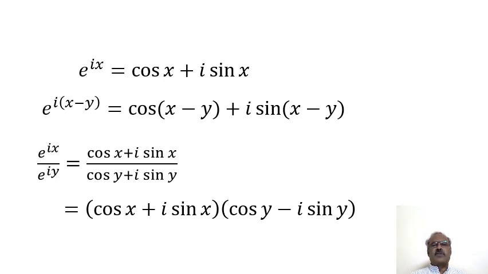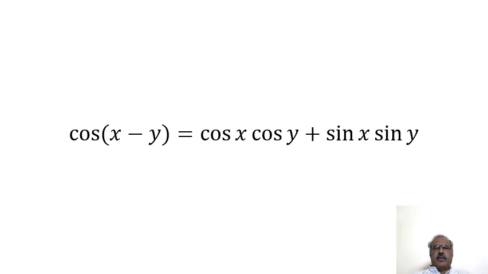So cos x times cos y plus i times sin x times i times sin y. So i square sin x sin y is what we are going to get when we expand. Now negative i square sin x sin y is just the positive of sin x sin y. And that's how we get the formula for the cosine.